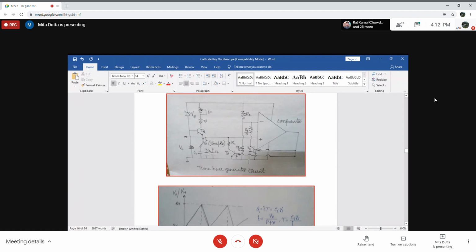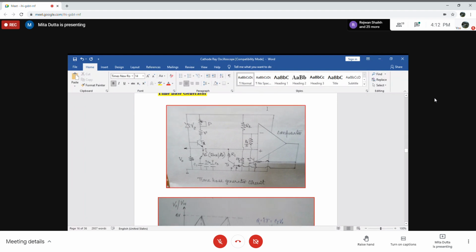I am coming to the next figure later on. Now here, this is a comparator, and this is connected to the power supply of the CRO, which is here connected with a Zener diode, and this is the positive input terminal of the comparator, and this is the negative input terminal.